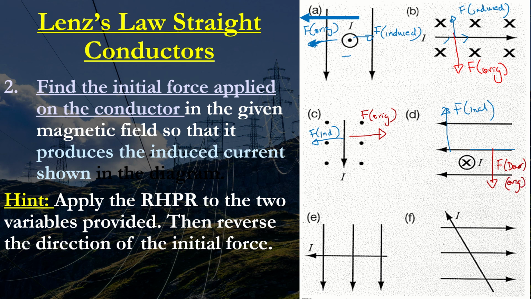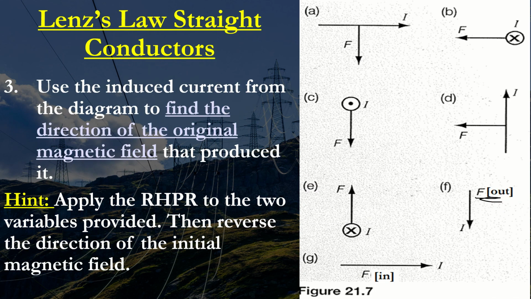In question E, the original force was going into the page, and in F, the original force was going out of the page. In question 3, it's asking you to find the original direction of the magnetic field. Again, you can use your left hand to help you out.